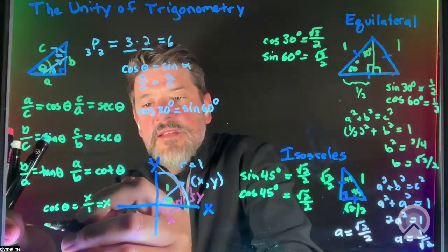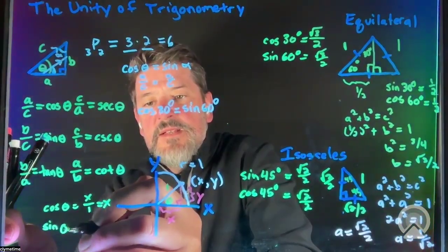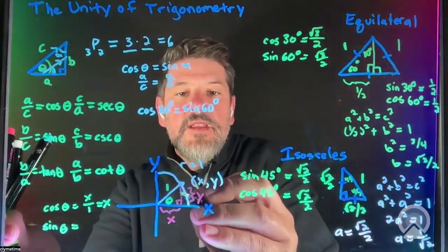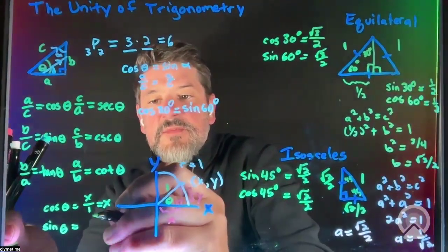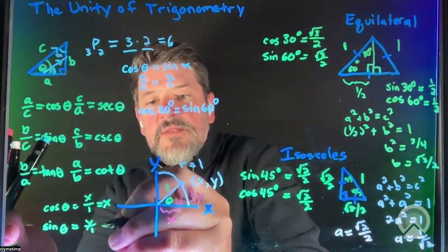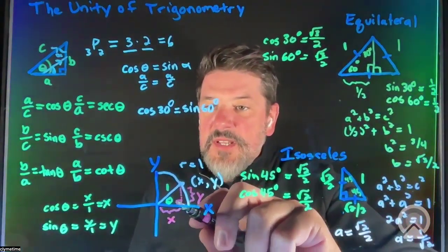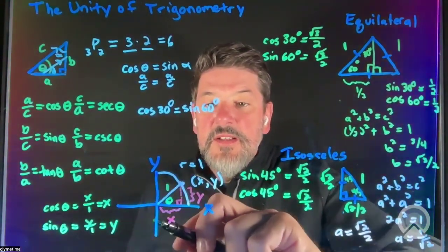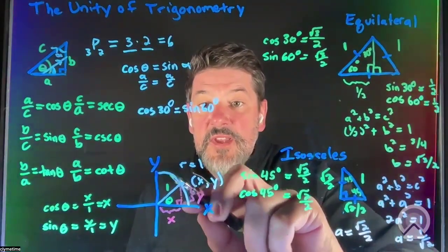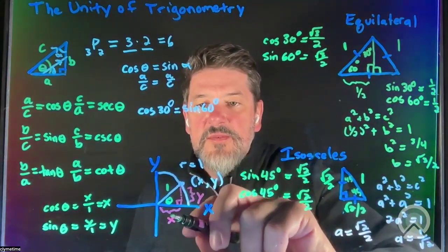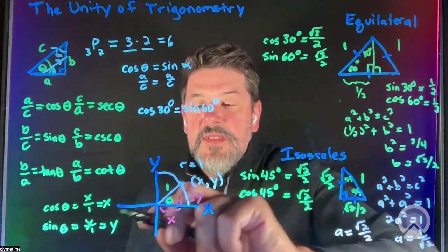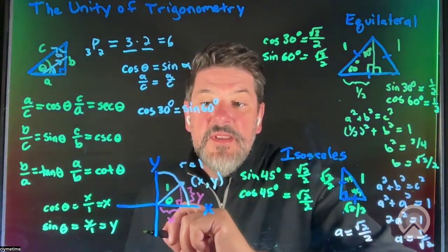And the sine of theta is going to equal the opposite over the hypotenuse, which is y over 1, which is y. So x turns out to be just cosine of theta. If you have a circle with radius 1, cosine of theta and x will be the same thing. Sine of theta and y will be the same thing.